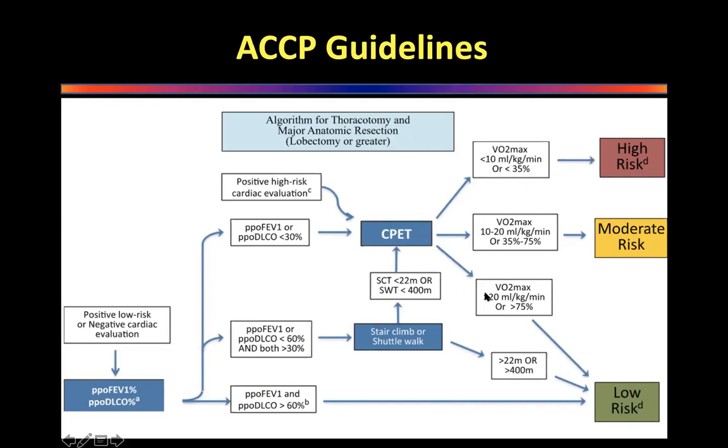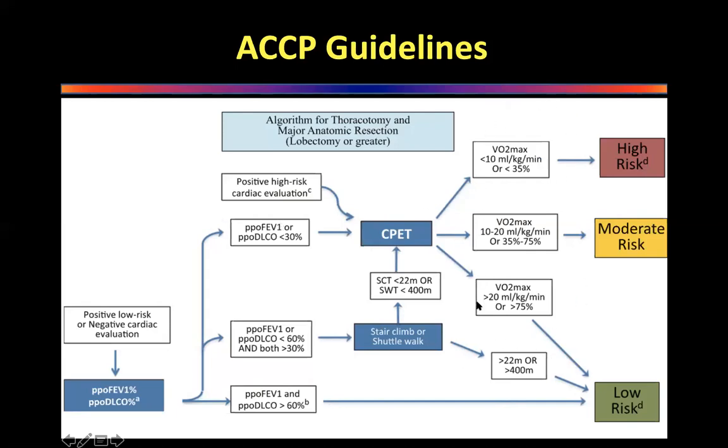If the VO2 max is 20 or 75% predicted, he can go for surgery. If the VO2 max is 35 to 75% predicted, he's a moderate risk for surgery. And if the VO2 max is less than 35% predicted, he is a high risk for surgery. Again, if your DLCO is less than 30, straight away put him into CPET. Don't bother with this. Straight away put him into CPET and calculate the VO2 max.